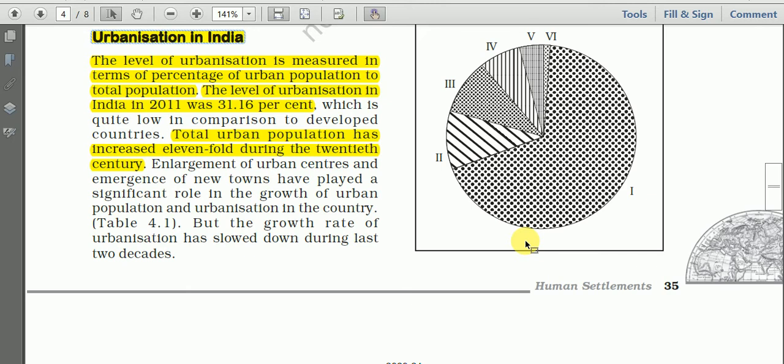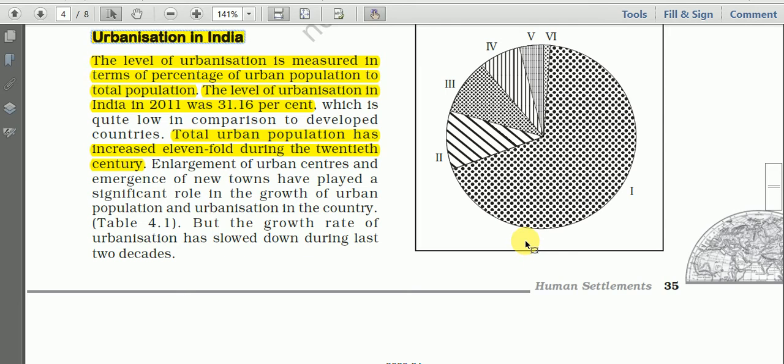Some other scholars say that the social process whereby cities grow and societies become more urban is known as urbanization. This is another definition. And we have one more definition, given by National Geographic.